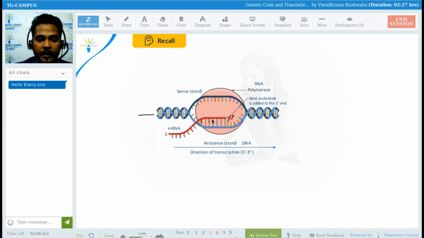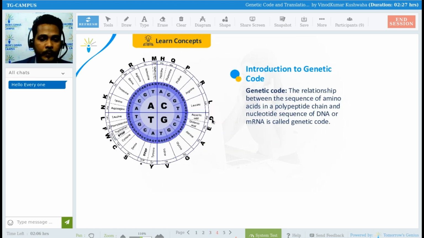Now with the new mRNA polymerase, you can see the mRNA is synthesized. This RNA is now used for the translation process. Before that there is a genetic code. Now what is this genetic code? Let's first focus on what the genetic code is.